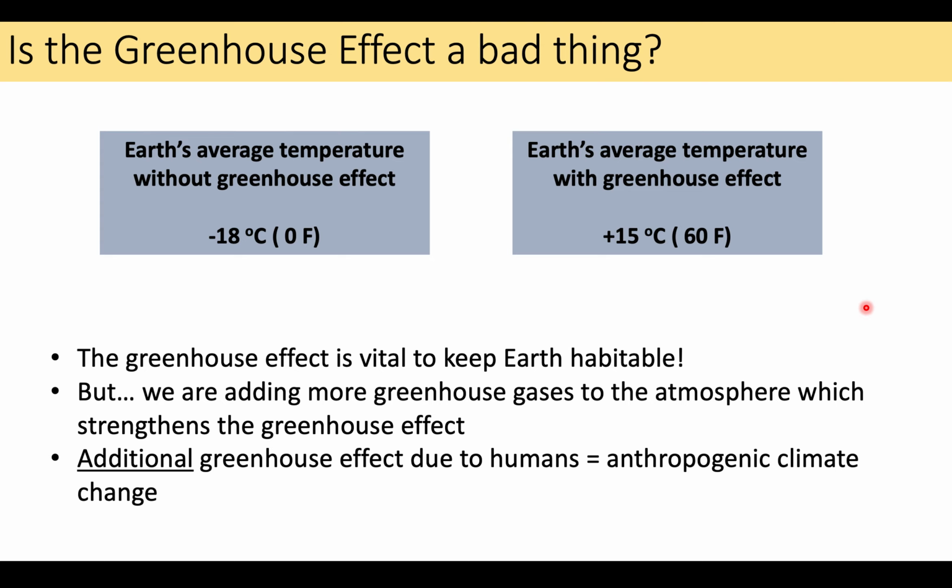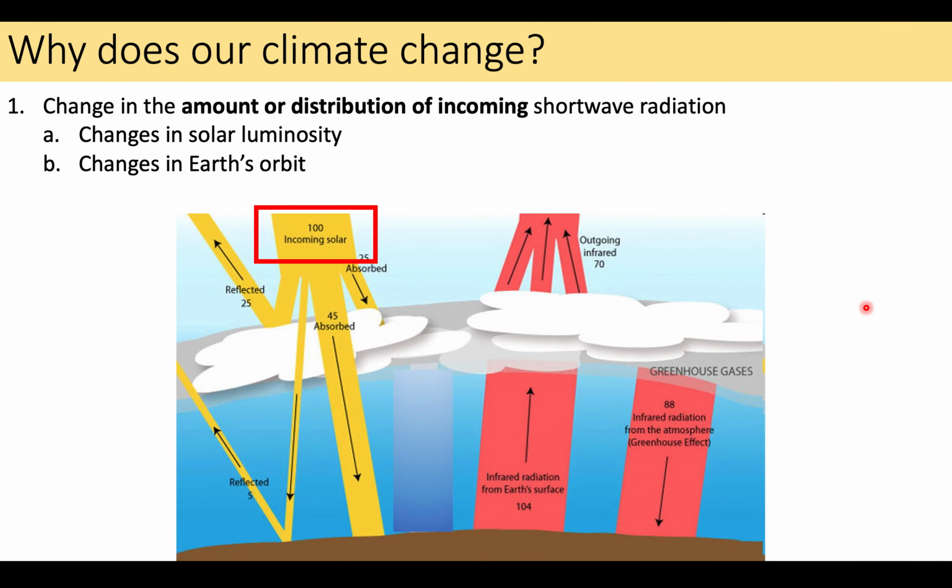So that is global warming, where our greenhouse effect is getting stronger and stronger, meaning the temperature on Earth is going to go up and up until we make some serious changes.